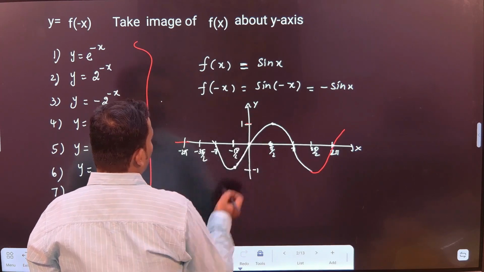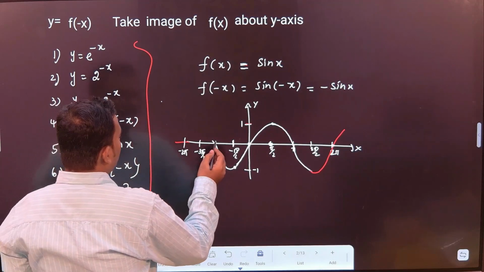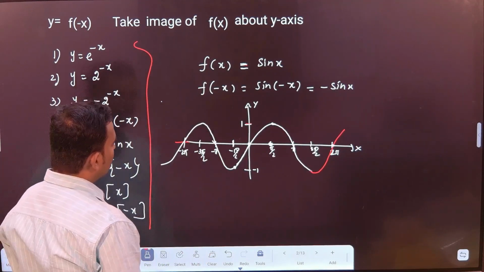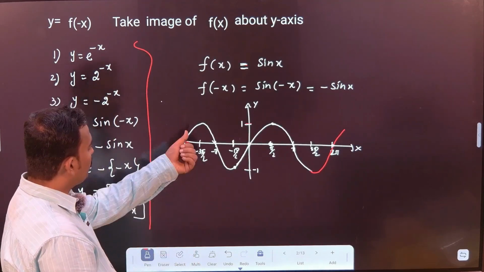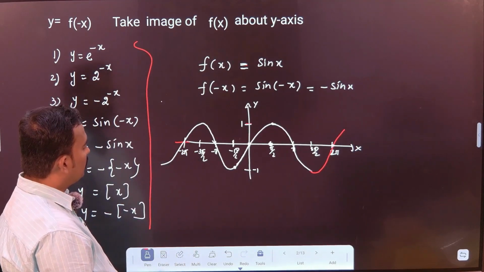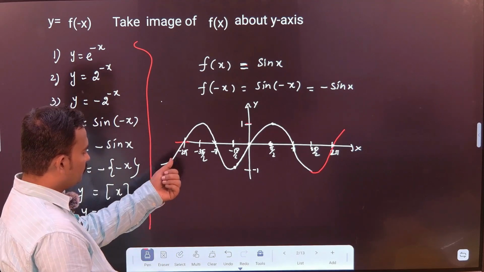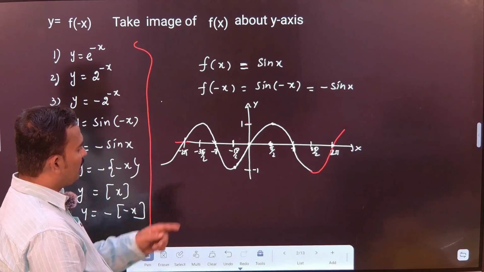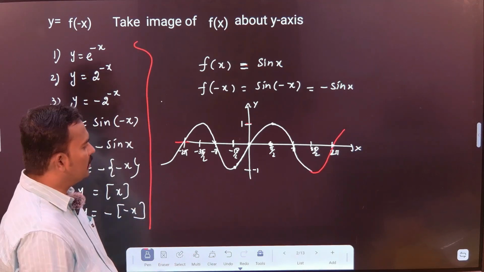This is plus 1, right? The range of the sine function is minus 1 to 1. So the graph will be going like this. Clear? So sine of minus 3 pi by 2, plus 1 will come, right? Because sine of minus theta is what? Minus sine theta. So sine 3 pi by 2 is what? Minus 1. So minus of minus 1 is plus 1. This is your sine x graph, right?